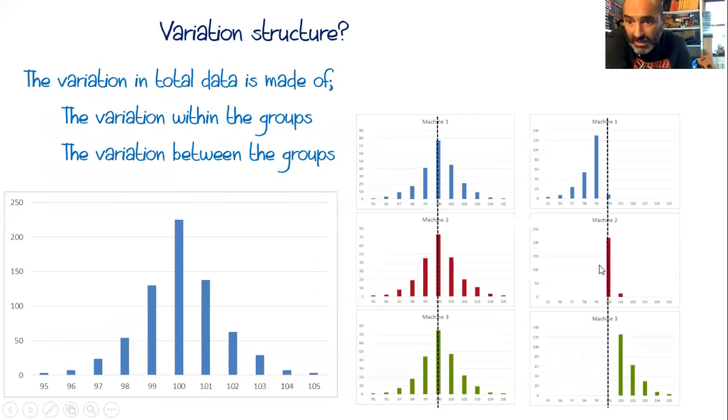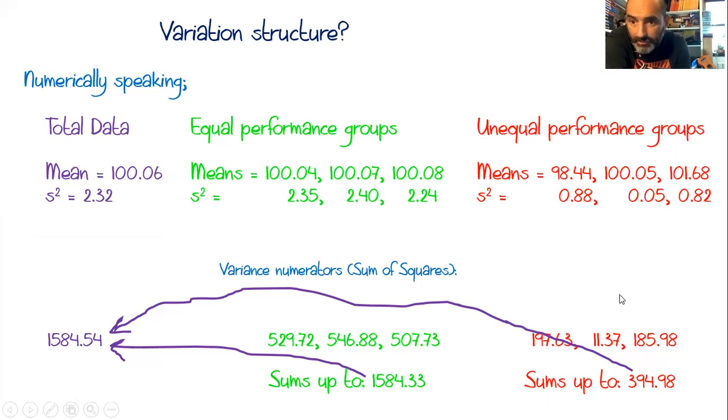Does that make sense? Yes, because almost all the data points are at 100. There are very few here, like 5, 7, 6, something like that, and 0.82.